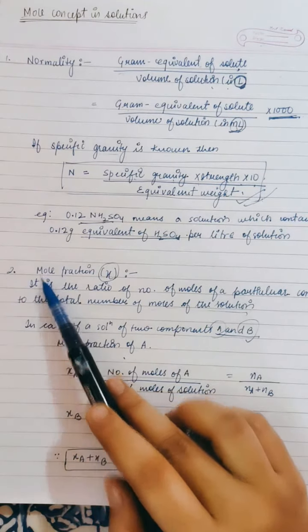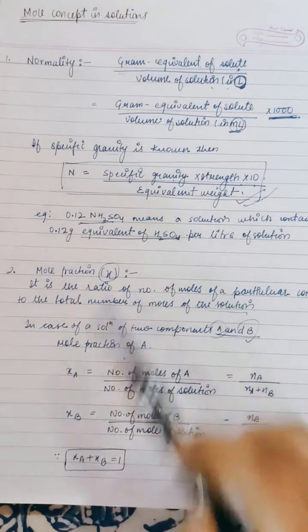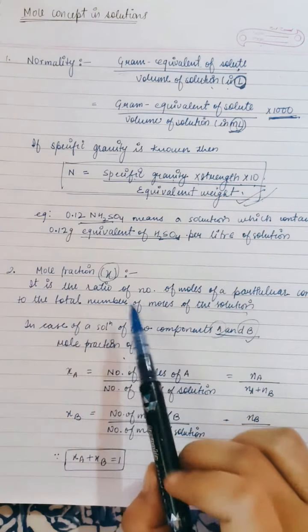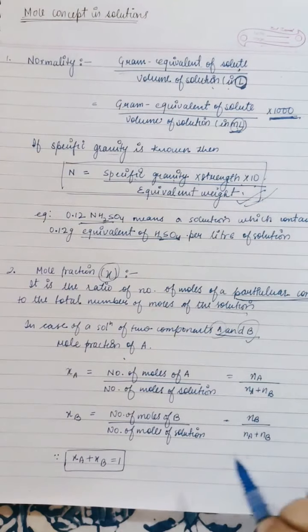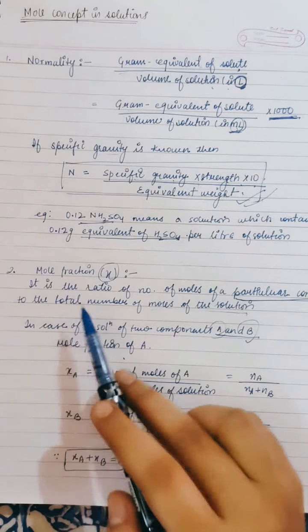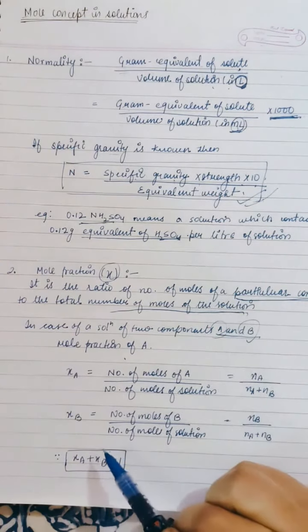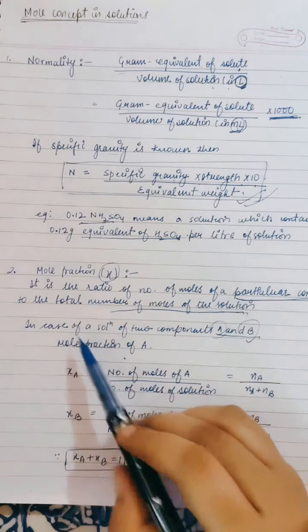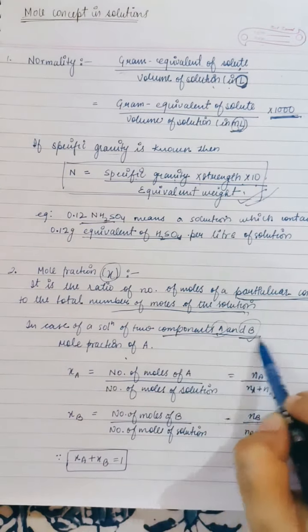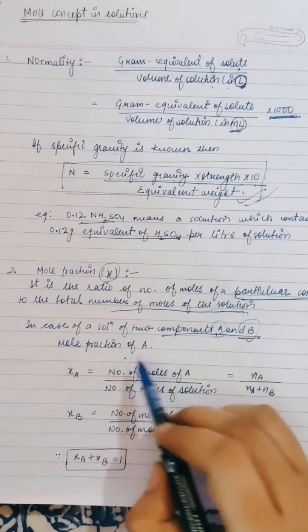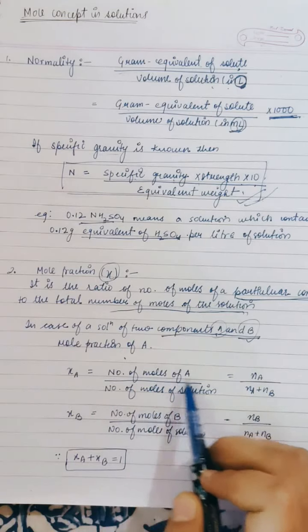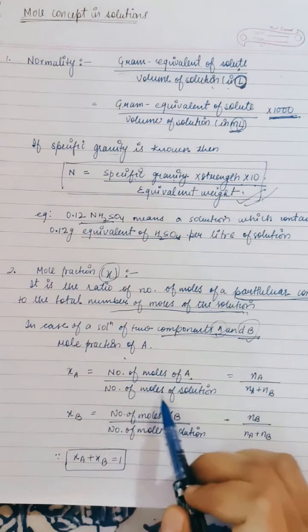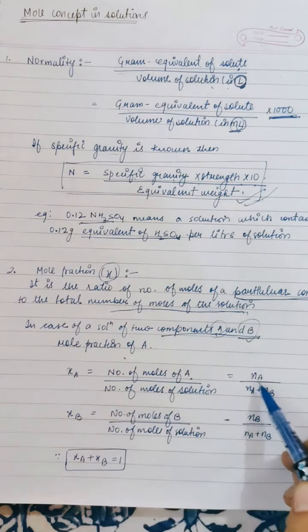Second term is mole fraction, which is denoted by this symbol. It is the ratio of number of moles of a particular component to the total number of moles of solution. In this we can take two compounds A and B. Mole fraction of A, psi A, equals number of moles of A by number of moles of solution, means Na upon Na plus Nb.